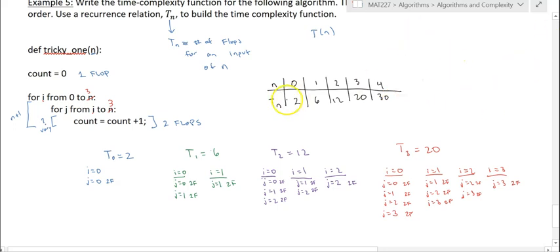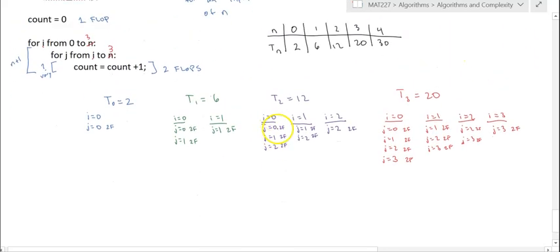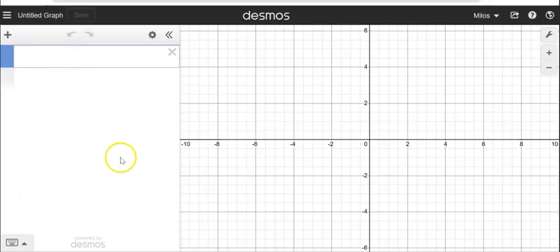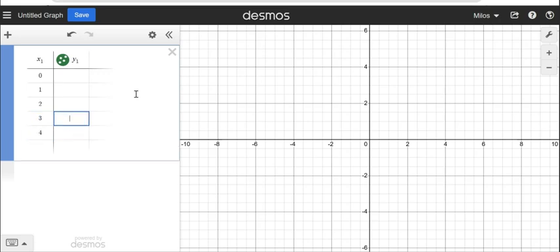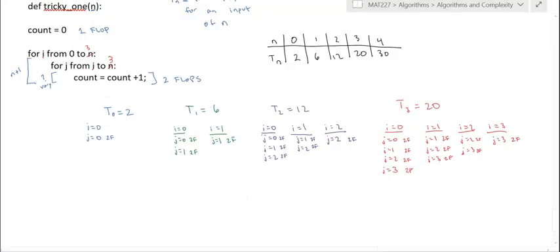All right, let's drop this into our software and write a recurrence relation for it. So I am using Desmos, and I'm going to insert a table. And in that table, I will place 0, 1, 2, 3, and 4. And so now we can just plug in the values of our table: 2, 6, 12, 20.